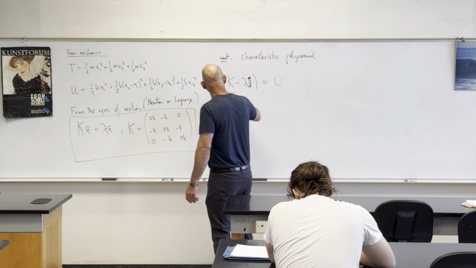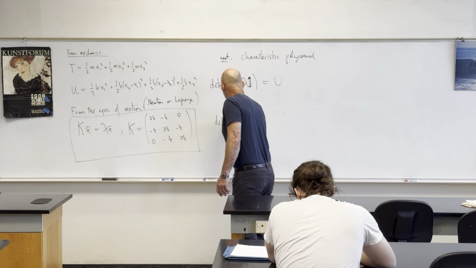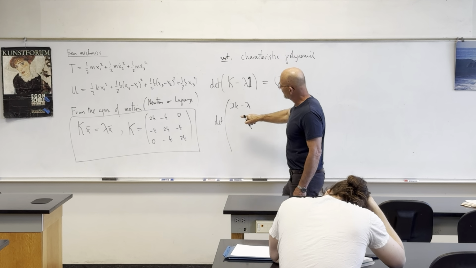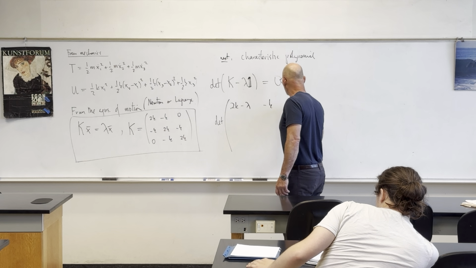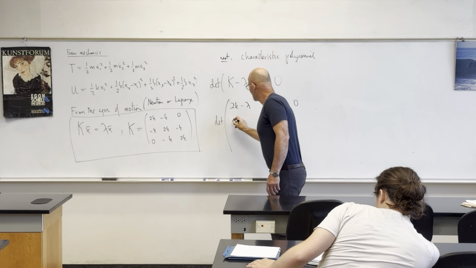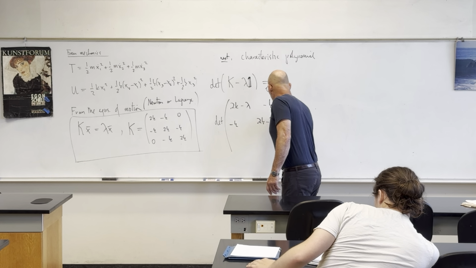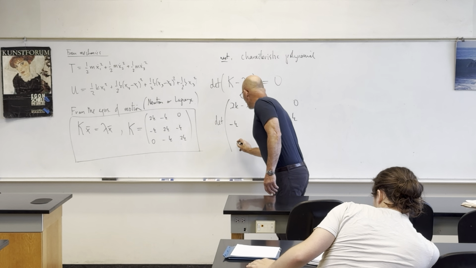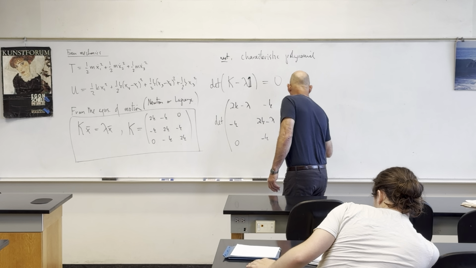So how do we set this thing up here? There's k minus lambda times 1. That means we're looking at the determinant of 2k minus lambda. That's the first corner. We're subtracting lambda off the diagonal. Minus k, 0, minus k, and then again 2k minus lambda, minus k, and I'll put parentheses around those, 0, minus k, 2k minus lambda.